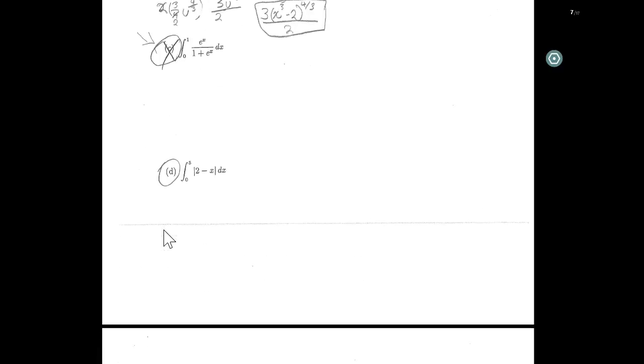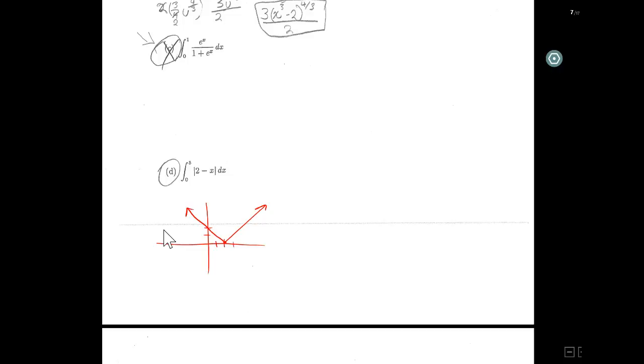Okay, so there's two ways to do this. We could rewrite this as a piecewise function, or you could actually graph the absolute value of 2 minus x. If you remember what an absolute value function looks like, this is going to look like this. And remember, the integral represents the area under the curve.